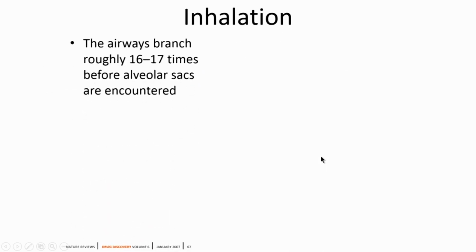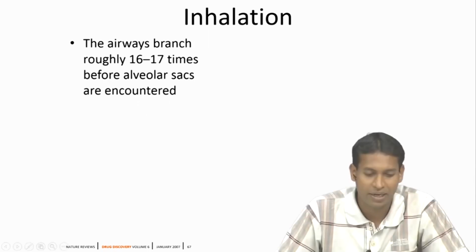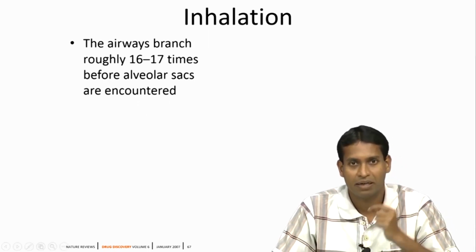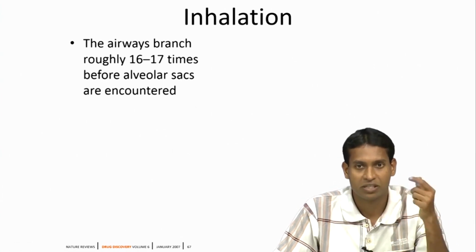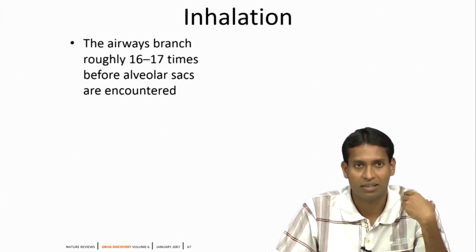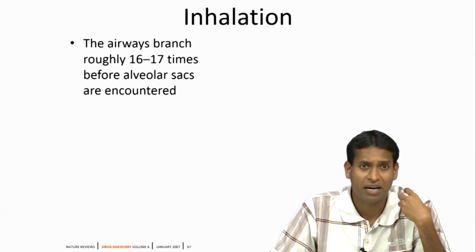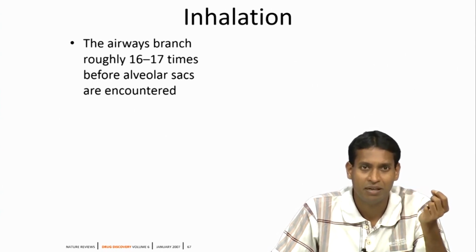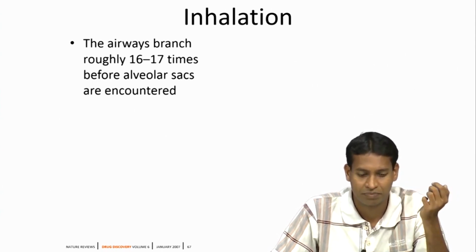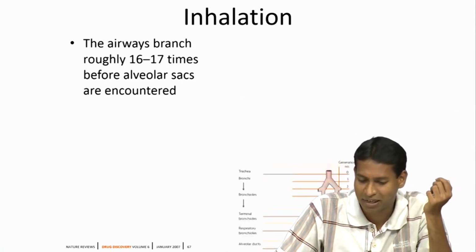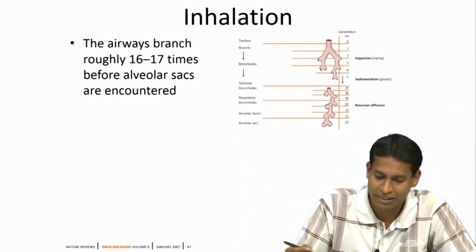Okay. So, let us look at our lung route. Our airways, which are nothing but several small branches which carry the air all throughout our lungs, roughly branch about 16 to 17 times before they reach the alveolar sacs. I will come to what alveolar sacs are in a moment. As you can see, these are the airways.